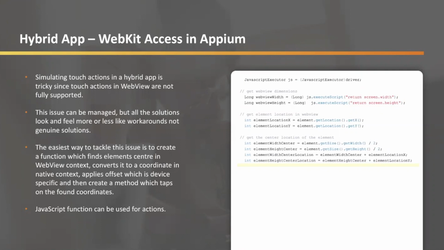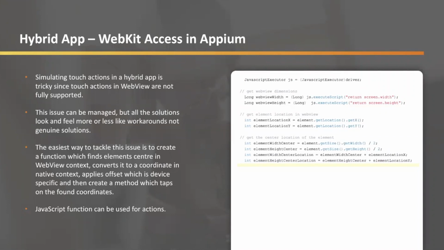On my screen you can see, after switching to the web view, JavaScript can be used to get the web view width and height. By using JavaScript I'm getting the width and height of my web view, because my application width and height and web view width and height would be different.